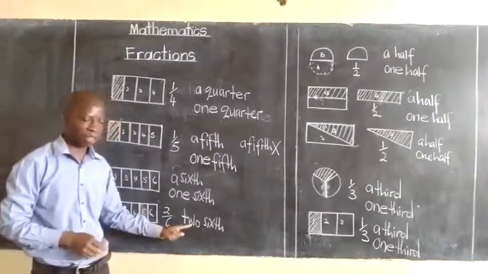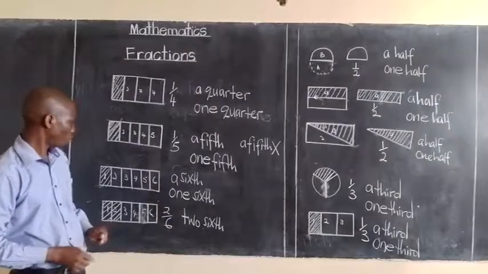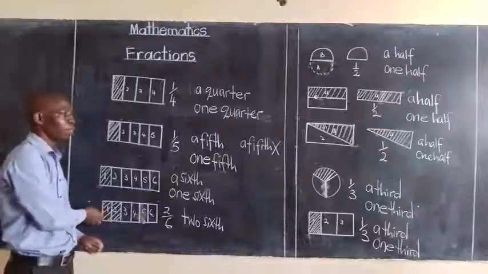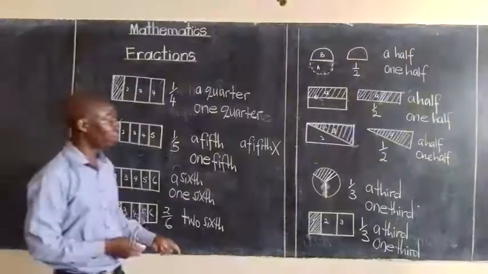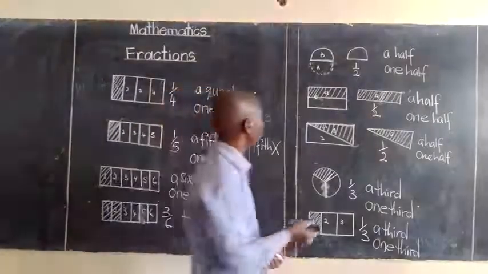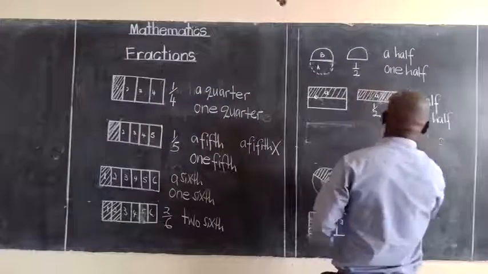It is written as 2/6 because these 2 parts have been removed. If there are 3, then we can say 3/6.